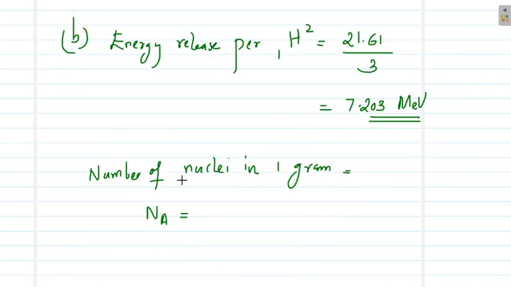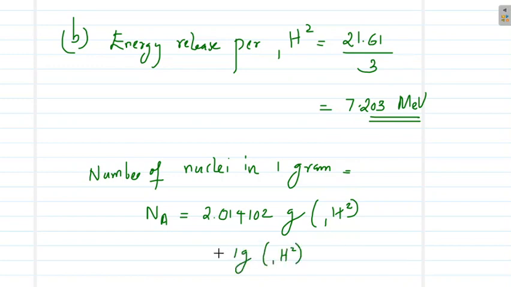Hence, if you take 2.014102 gram of 1H2, you will have Avogadro number of 1H2. So if you take 1 gram of 1H2, how many nuclei will be there? It will be Avogadro number divided by 2.014102, with the 2.014102 brought to the left side.